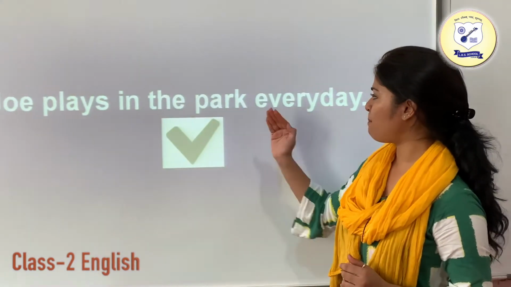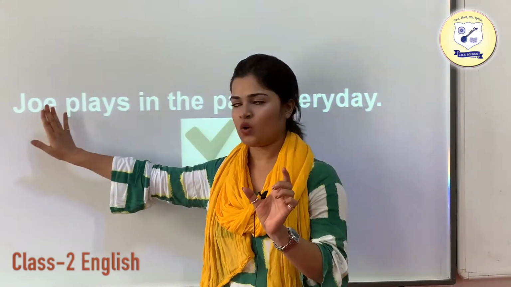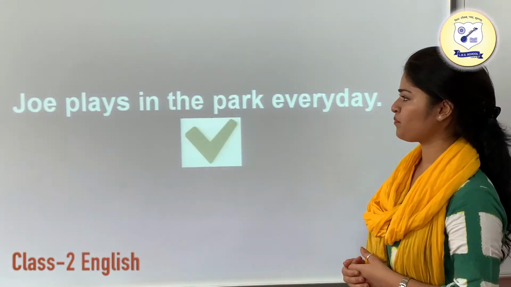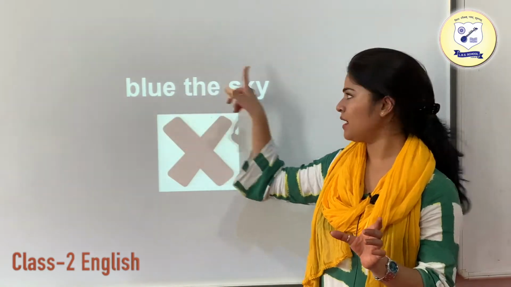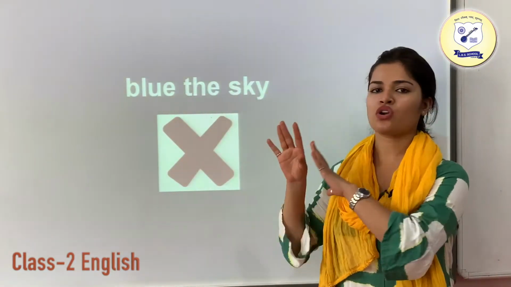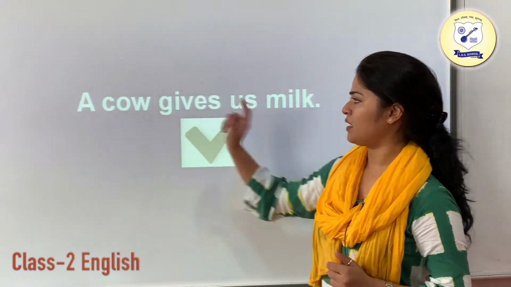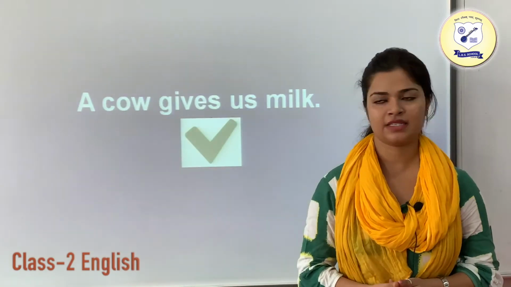Joey plays in the park every day. It is again beginning with a capital letter and ending with a full stop. So this is going to be your sentence. Blue the sky. Beginning with a small letter, ending without a full stop. So this is not going to be your sentence. A cow gives us milk. Beginning with a capital letter and ending with a full stop. So this is going to be your sentence.